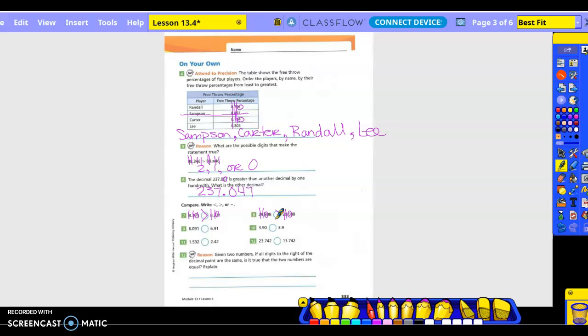Okay, next one. 1. Same. 10. Different. So 6 and 91 thousandths is, I have a 0 and I have a 9. So 6 and 91 thousandths is less than 6 and 91 hundredths.